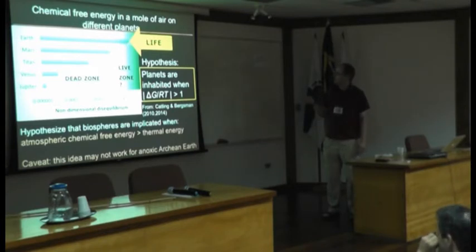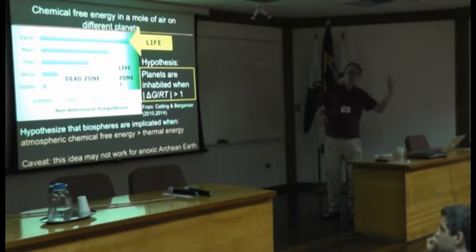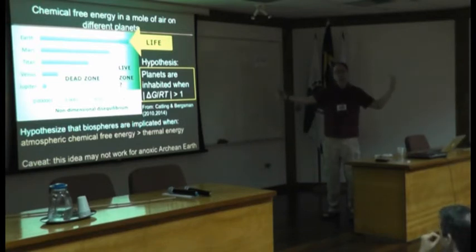And so here it is for the Earth, Mars, Titan, Venus, Jupiter. And the Earth stands out by orders of magnitude. Mars has quite a bit of chemical disequilibrium just caused by sunlight, which breaks up the carbon dioxide and makes carbon monoxide and oxygen. Those two things exist in disequilibrium in the Martian atmosphere, but it's a small disequilibrium just caused by sunlight.